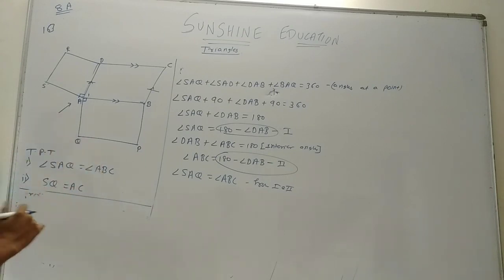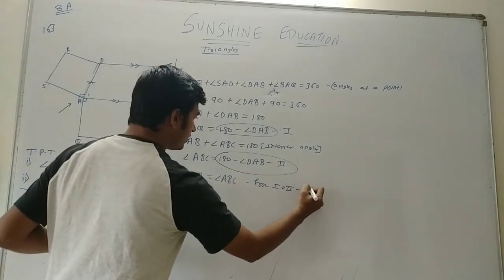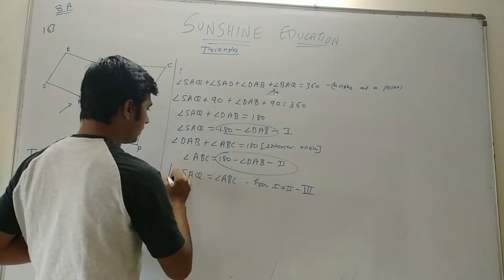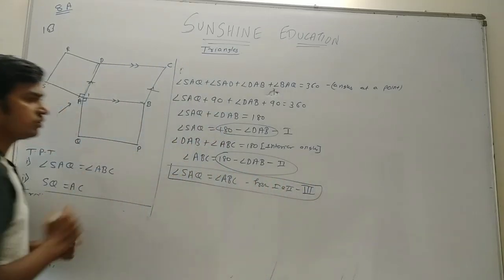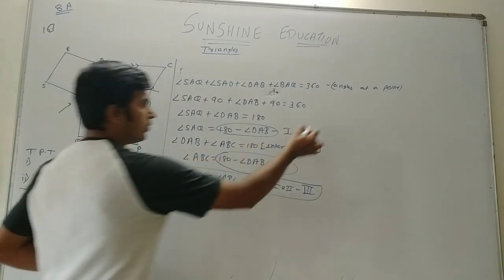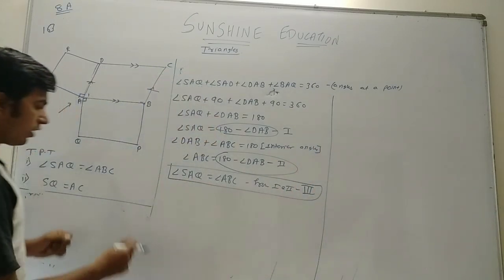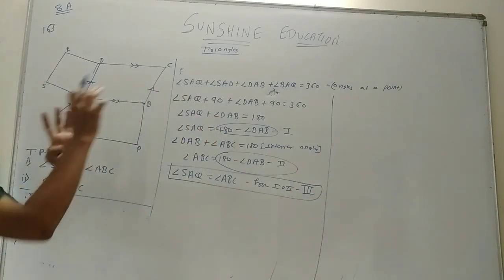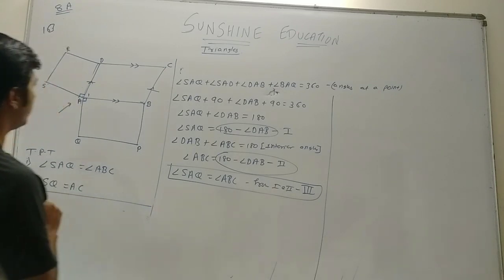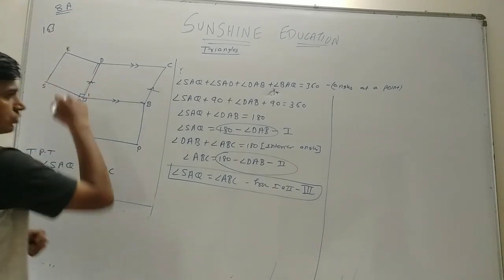We can have it separately and name this part as 3. Now whatever I have written over here, I will copy it down that side. So I will have all this square side.